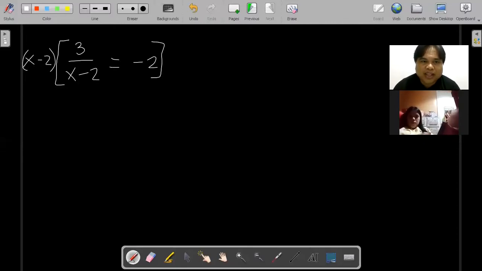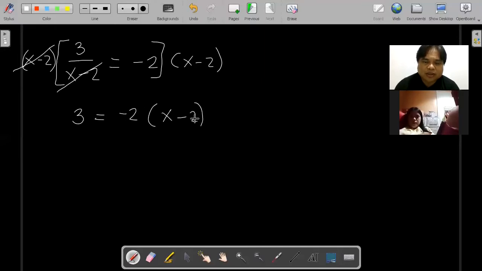You also do that at the other side, x minus 2. You can cancel this entire term. So what you have left is 3 is equals to negative 2 times x minus 2. Understood?